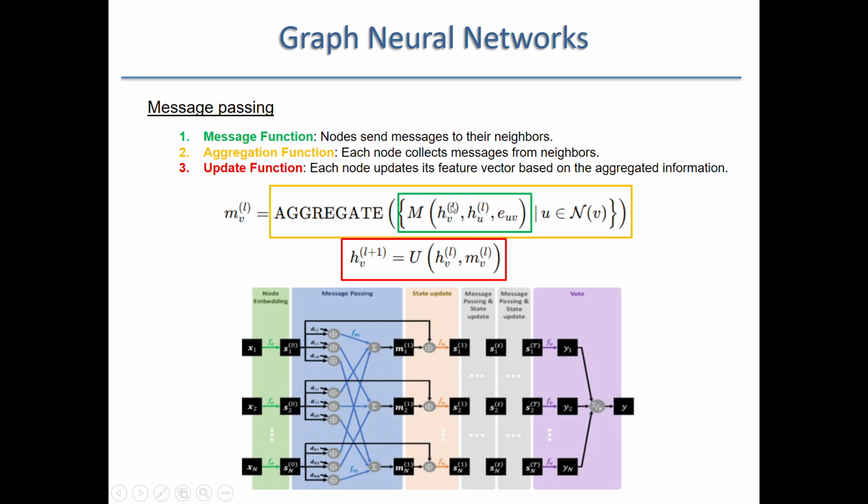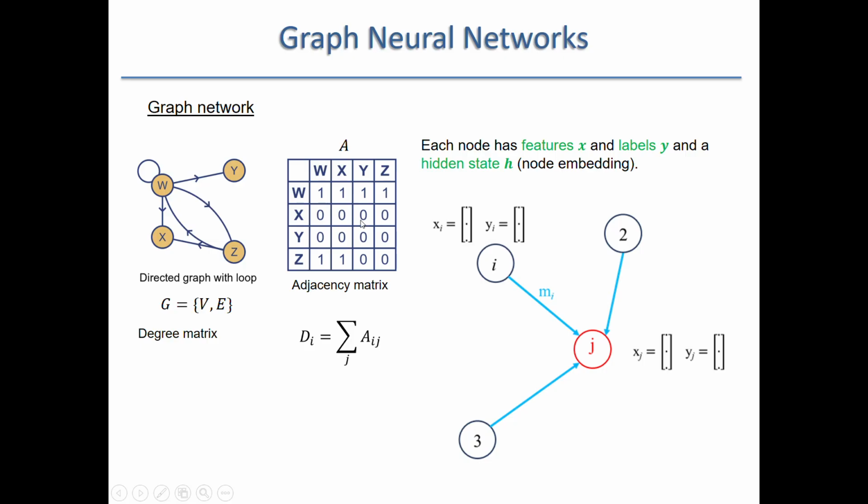Say U is in the neighborhood of V, where the neighborhood is the nodes that are connected to V. The message that it receives depends on the hidden state of V, the hidden state of U at the layer L, and the edge between U and V. The edge is this element from the adjacency matrix.